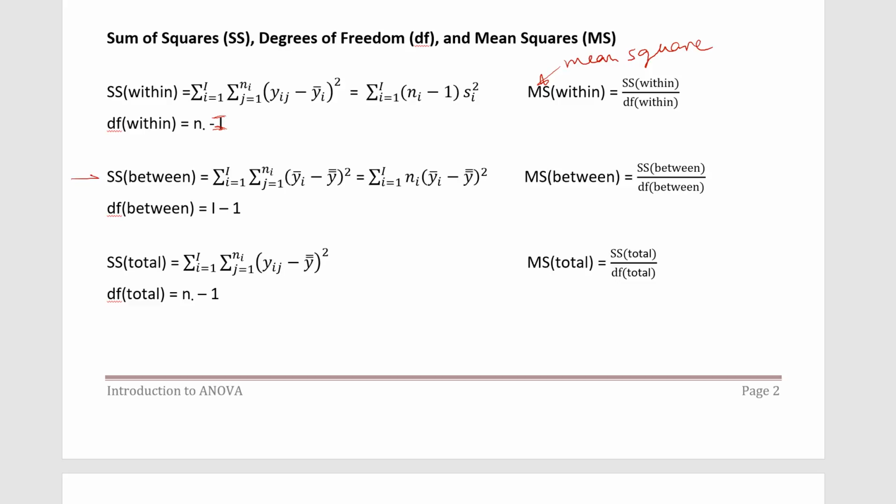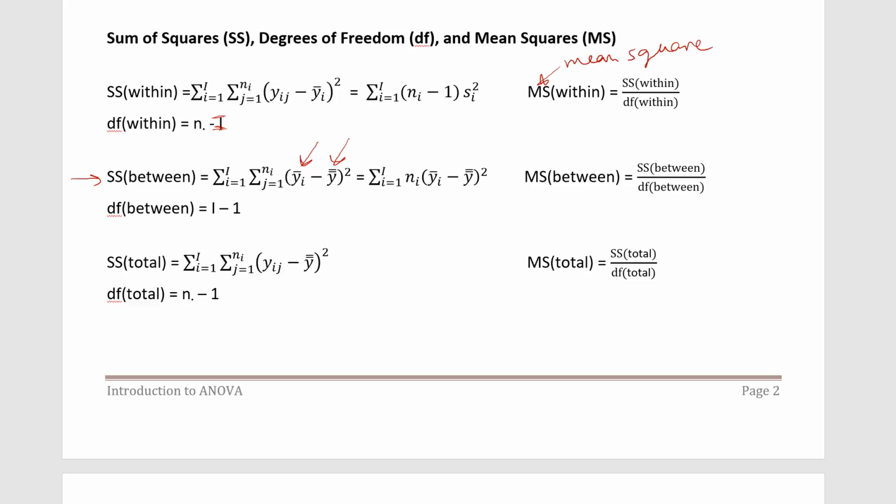Sum of squares between is looking at variability from a different standpoint. It's looking at the distance of a sample mean for a group to the total grand mean across all the groups. So the sum of squares within was looking at the variability of each observation around their own sample mean, right?